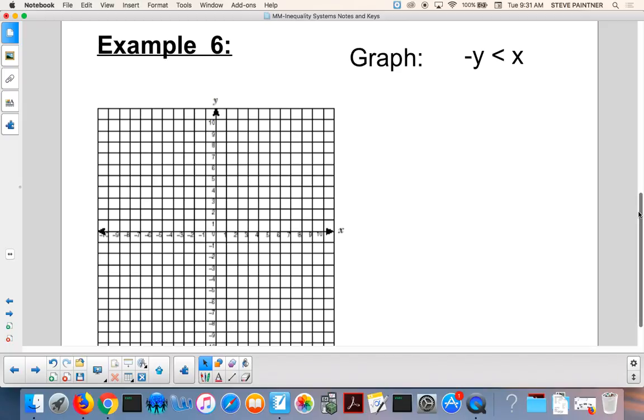It's kind of the same assignment as yesterday, except switch the sign when you divide by negative. I like this. Yep, that's all good. You just didn't grab this. You have y is greater than negative x. What's the line? You go through 0, and you go slope negative 1.